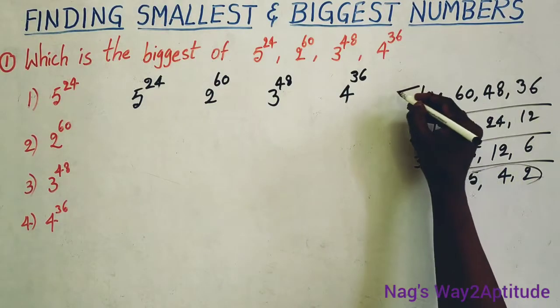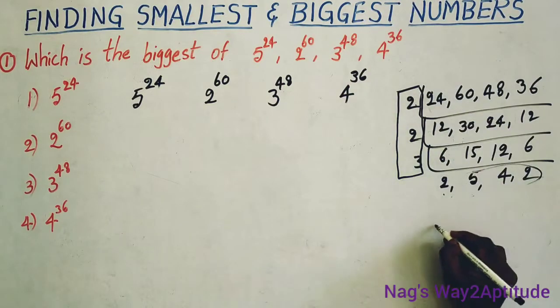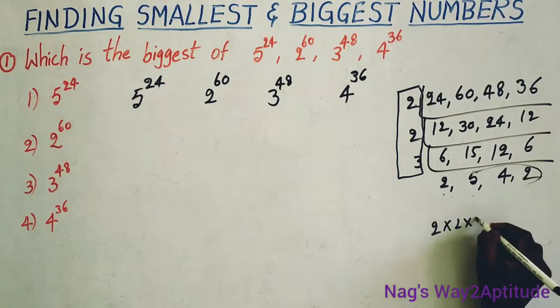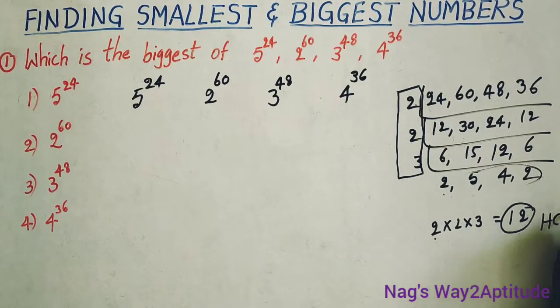So the HCF is the multiplication of these digits, 2 into 2 into 3. 2 twos are 4, 4 threes are 12. 12 is the HCF.